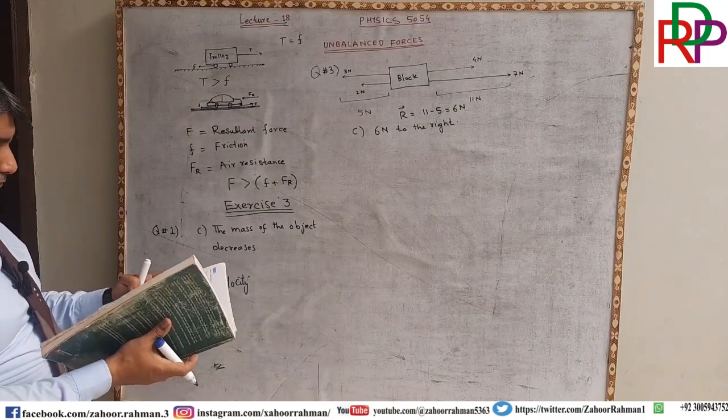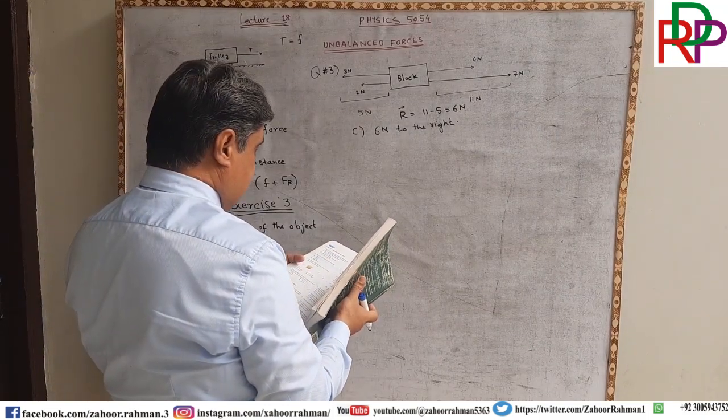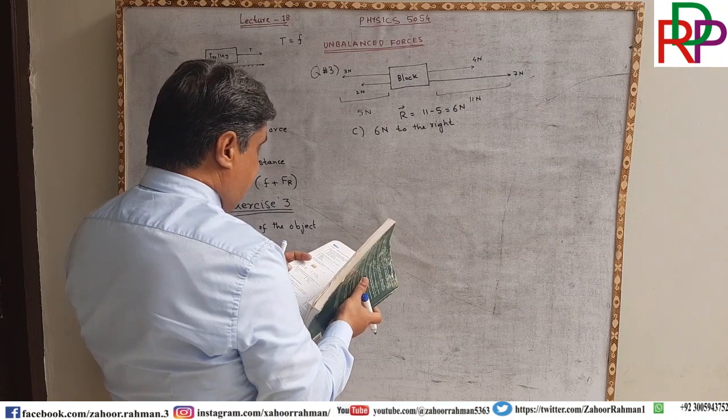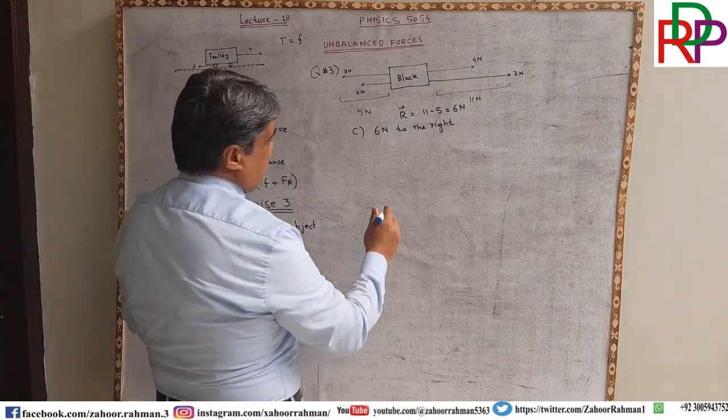Okay, question number 4 is saying when a resultant force of 6 Newton is applied to a mass of 3 kilogram.